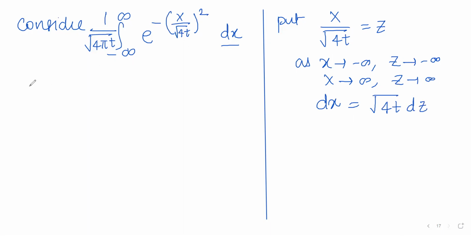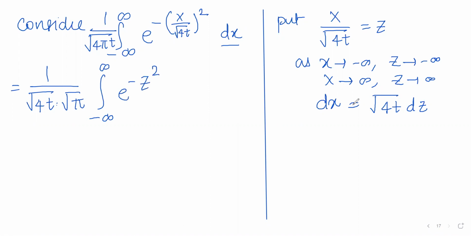Now let's get back here. So we are given full freedom to do this. It is 4 pi t, so rather I'll write under root 4t into under root pi, and then integral minus infinity to infinity e power minus z square. What is dx?